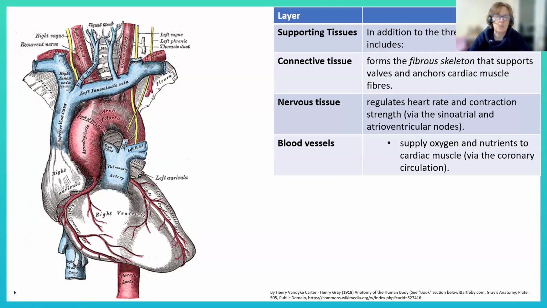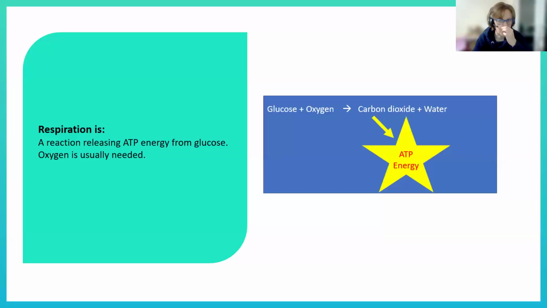So in a way, that's not really nervous. It's specialized, but it's similar to nervous tissue. But we have got nervous tissue on the outside, and we've got obviously blood vessels which are supplying this muscle itself with oxygen, because that heart has got to contract because it's a muscle.